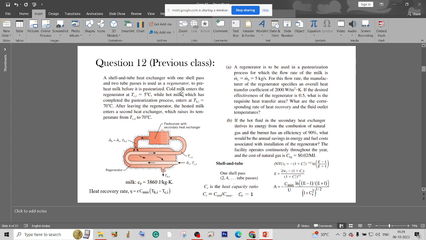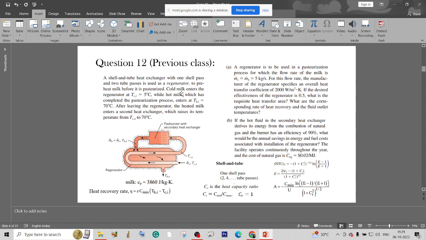Now, what does it simplify to? TH inlet is 70 degrees Celsius, and the outlet we don't know, and TC inlet is 5 degrees Celsius, and the outlet we don't know, right?